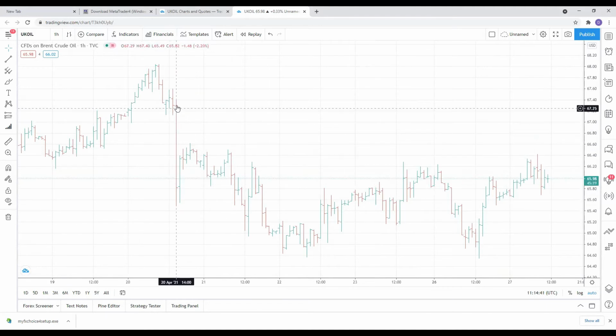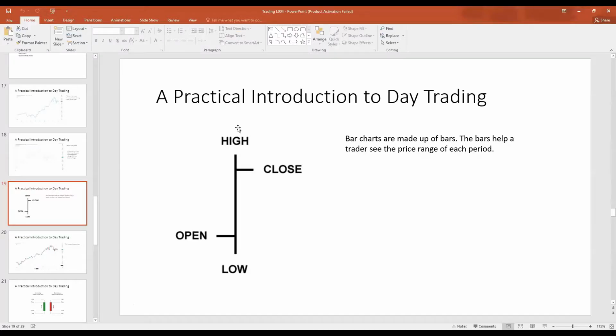So we see here, this is a bar. This was the highest price, this was the lowest price, this was the open price, and this was the closing price.